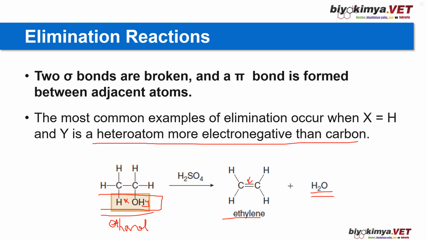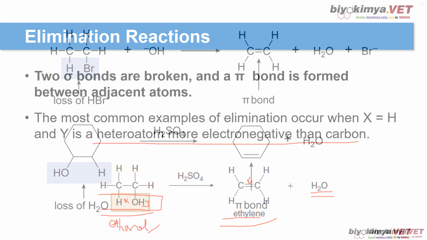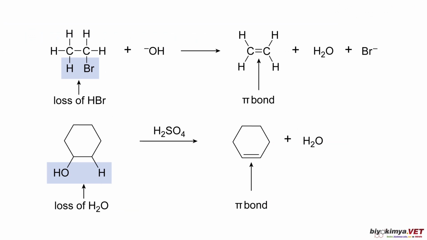So ethanol, an alcohol, which belongs to the functional group family carrying a heteroatom single bonded to the carbon, is converted to a hydrocarbon. It's ethylene, an alkene. This means, in general, elimination reactions give alkenes.